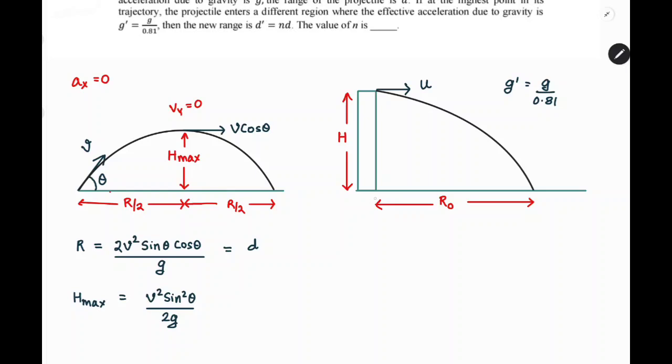So now if we write a standard result for this part, then we can say that the range r naught is equal to u times the total time of flight, and the total time of flight is equal to root over 2h by g.